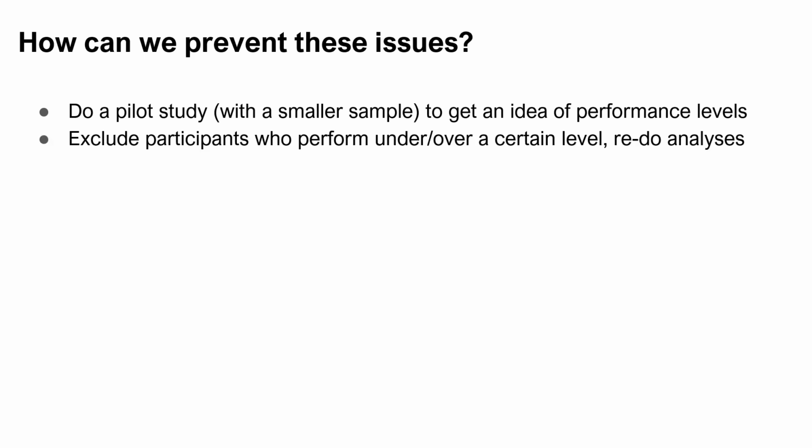If you've already collected all your data, you might try to exclude participants who perform under or over a certain level and redo your analysis without these participants. And if you find the same main result, that might be reassuring that the effect wasn't driven by floor or ceiling effects.